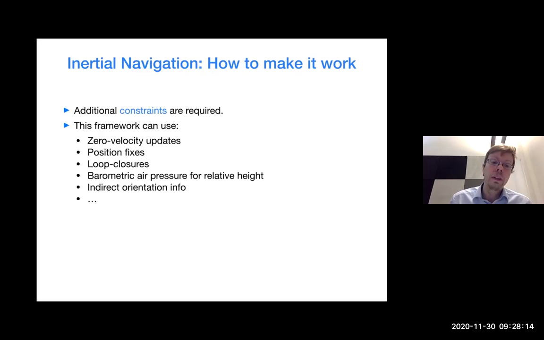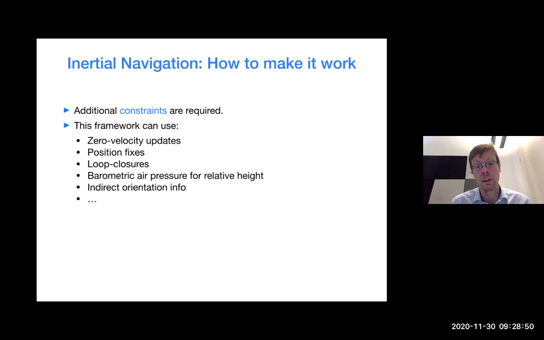And here is a list of possible additional information that can be used. So for example, if we can automatically detect that the device is completely stationary at some points, for example, if it's rigidly attached to a moving platform that stops every now and then, these kind of zero velocity updates can be used, and they can be enough to constrain the estimation and prevent the accumulation of errors.